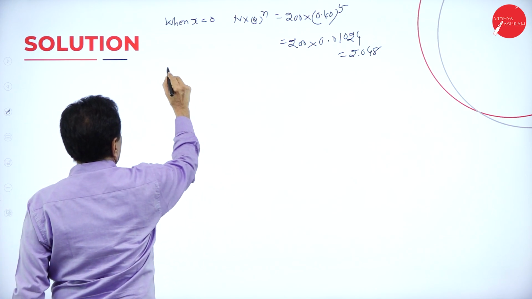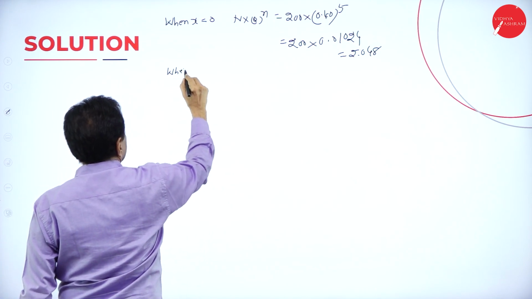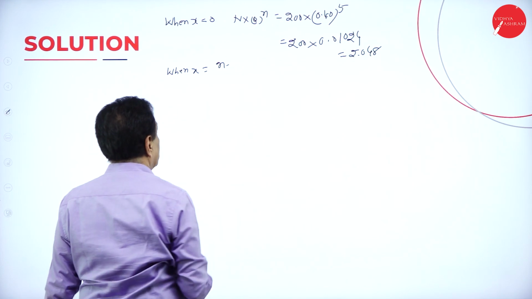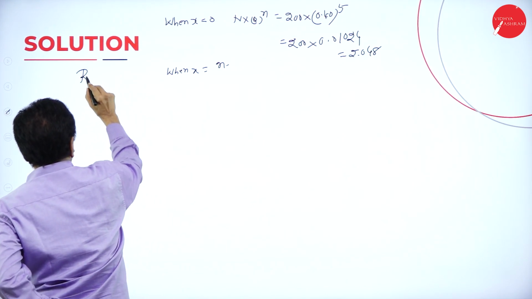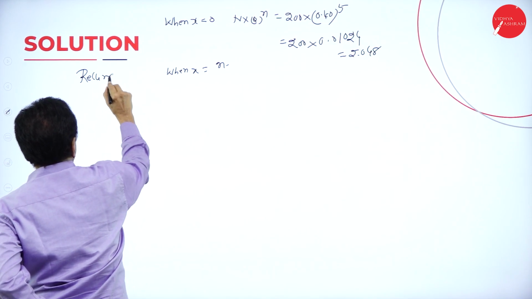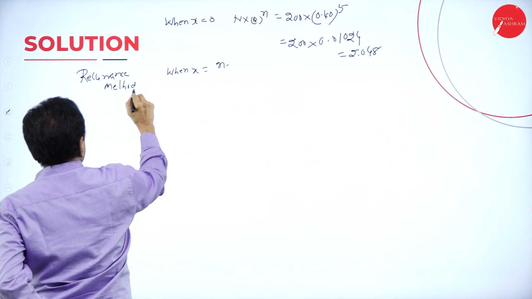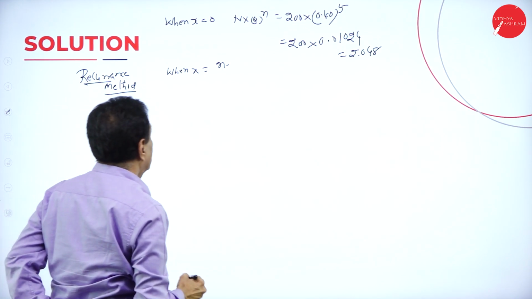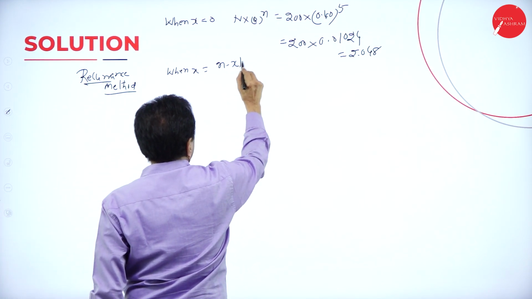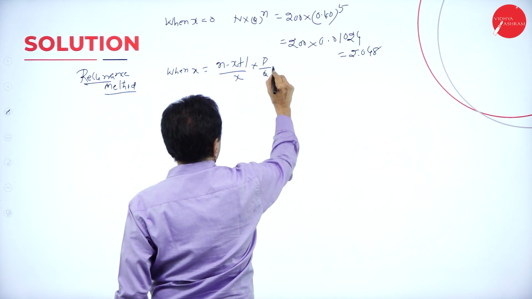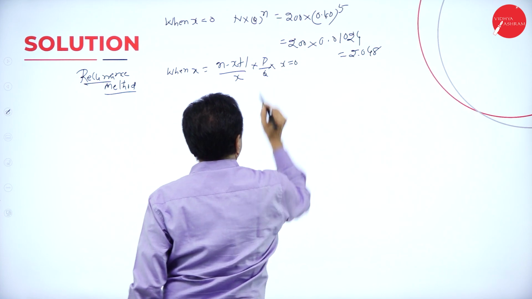Then when x is equal to 1, the natural formula, this is called the recurrence method. The formula is n minus x plus 1 divided by x into p divided by q into p of x minus 1.